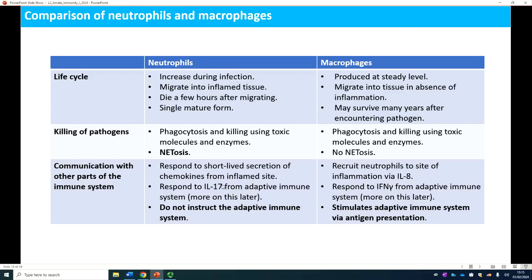And when it comes to communication with other parts of the immune system, neutrophils don't have any role in instructing the adaptive immune response, whereas macrophages can actually present antigen to the adaptive immune response. So they stimulate the adaptive immune response via antigen presentation.